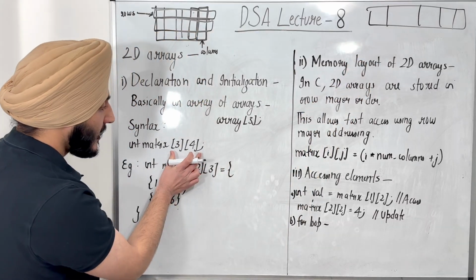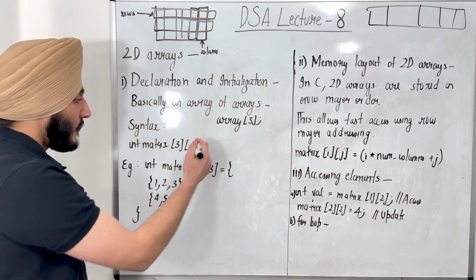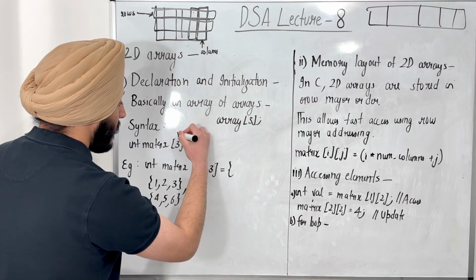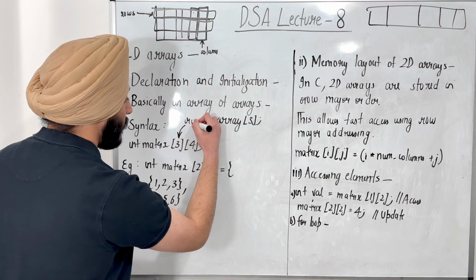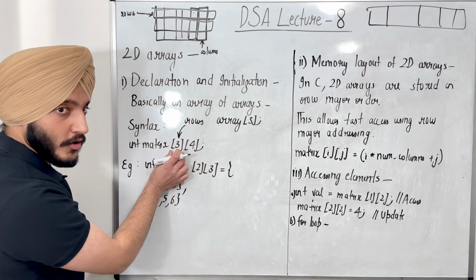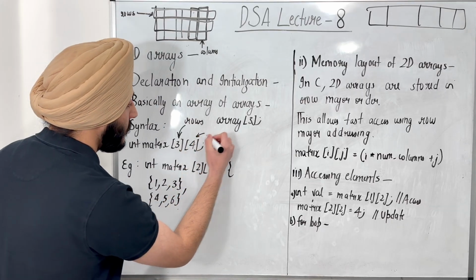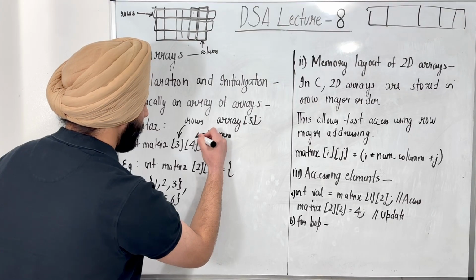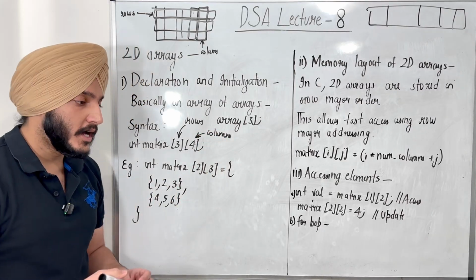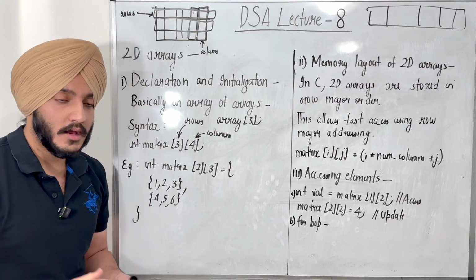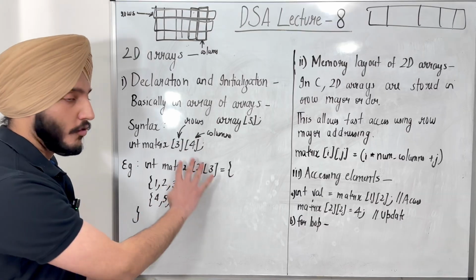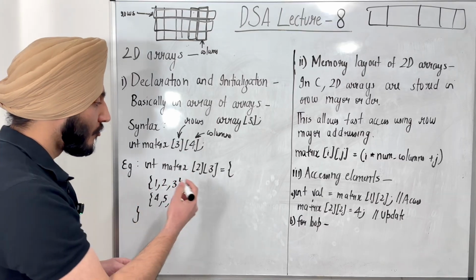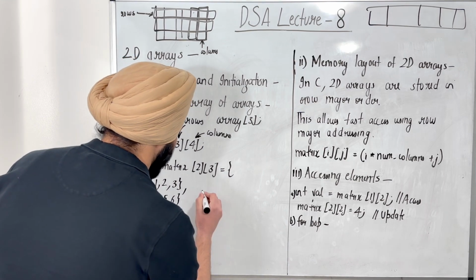But when I declare like this one, what happens is that the computer is going to create three rows. This is the number of rows, and this is going to be the number of columns. So in total, I'm saying to the computer that okay, I want you to create a 2D array with three rows and four columns, right? So if I try to draw it down, this is what it would look like.